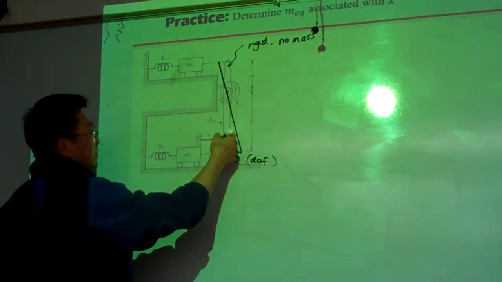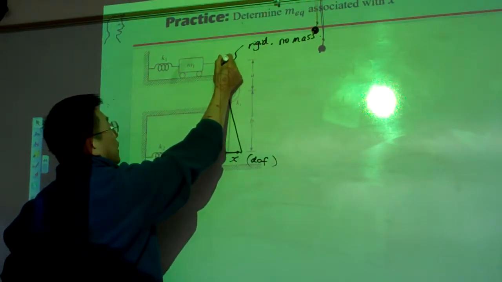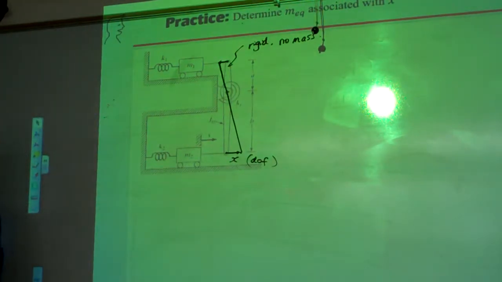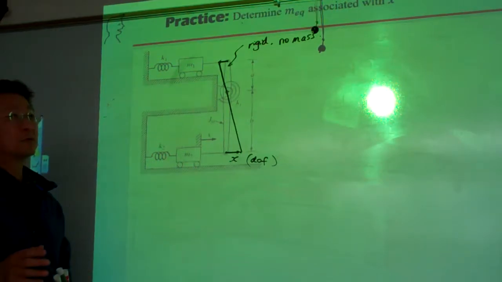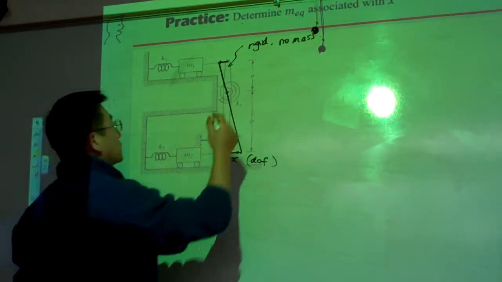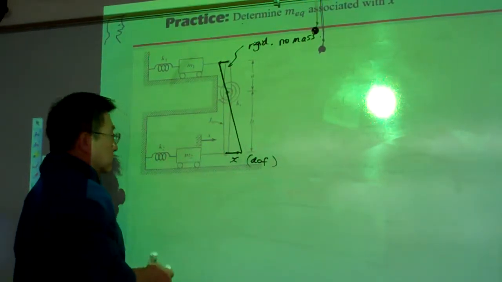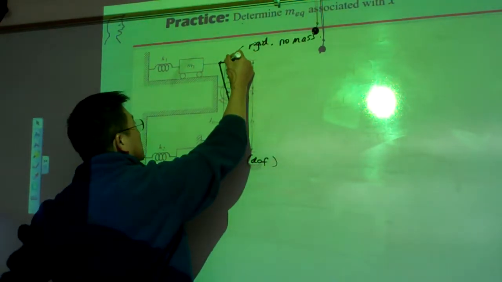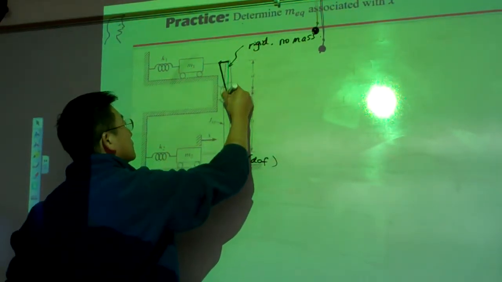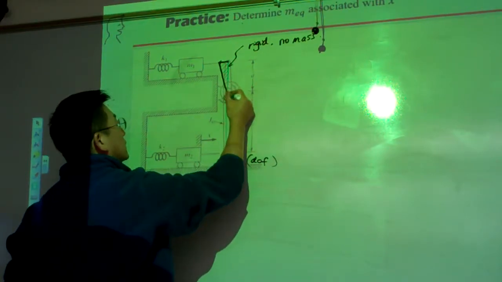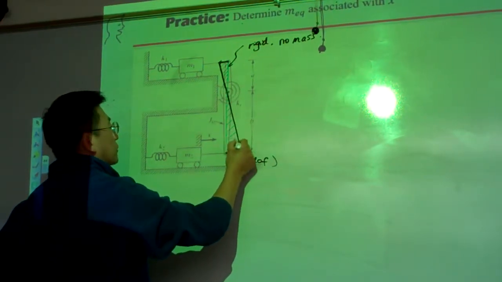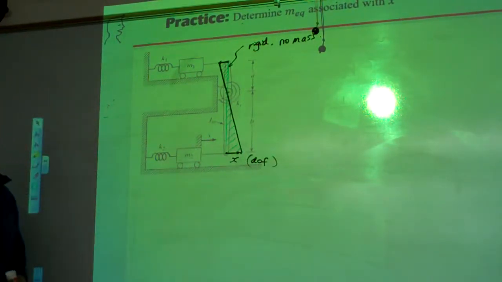Because this is rigid, who can tell me what this number is? Again, this is a lever, so all the points on the lever can be related. You simply use triangles. Let me plot the two triangles here. This is triangle 1, and this is another triangle. The two triangles must be similar.